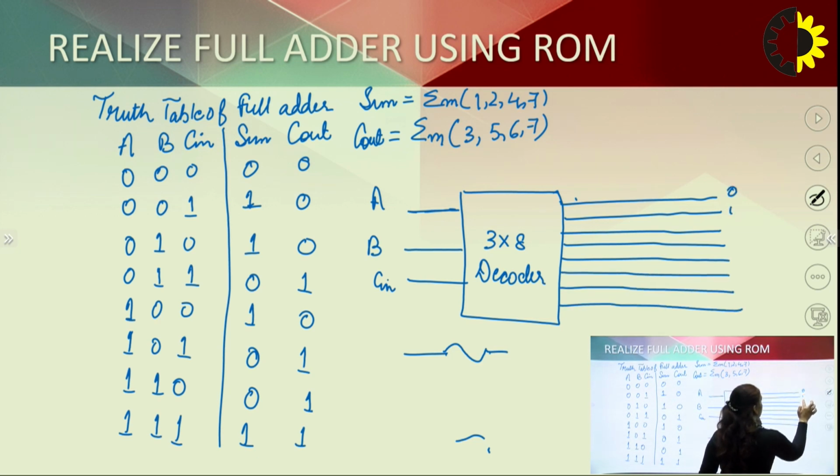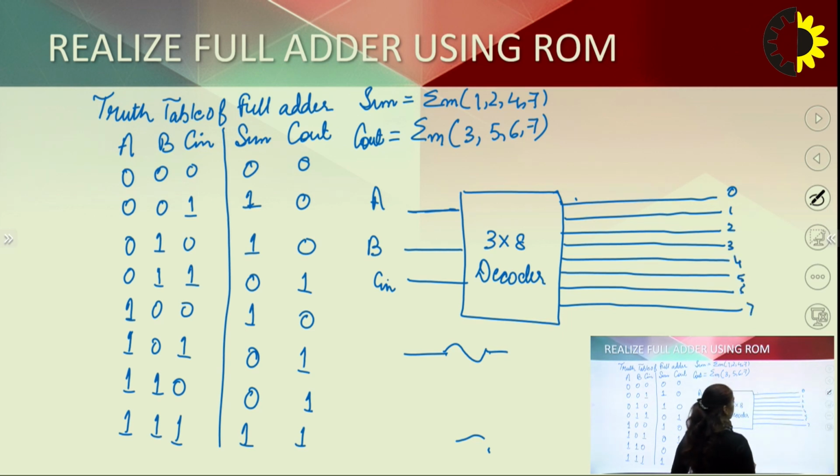So we have 0, 1, 2, 3, 4, 5, 6, and 7. On the sum side, I'm going to have 1, 2, 4, and 7.